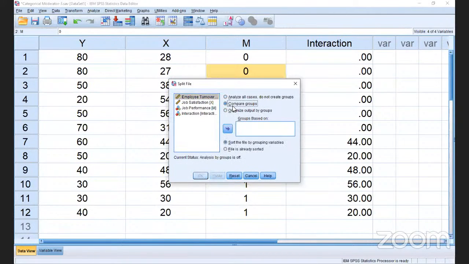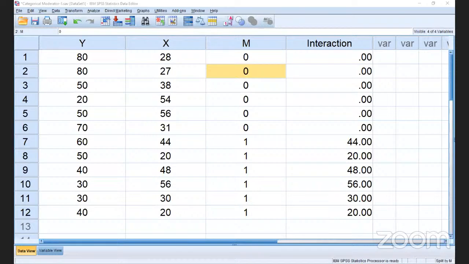I want to split the file for job performers. There are two groups: low job performer and high job performer. And then okay, my file has been split.